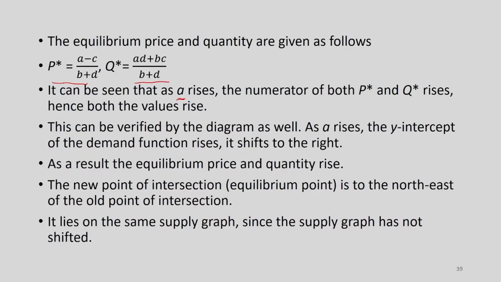As a result, the equilibrium price and quantity rise. A new point of intersection or the equilibrium point is to the northeast of the old point of intersection. It lies on the same supply graph, since the supply graph has not shifted.